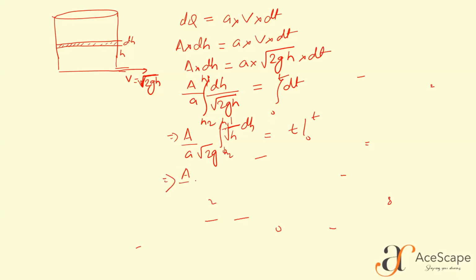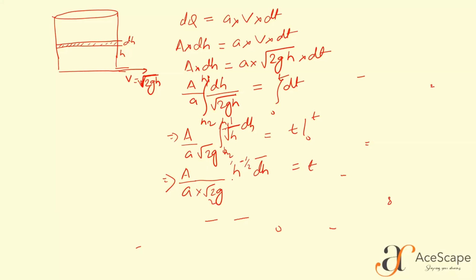So here we are getting the expression A by a into √2g, and we know that 1 upon root h can be written as h to the power minus half, and dh, that is equals to t.